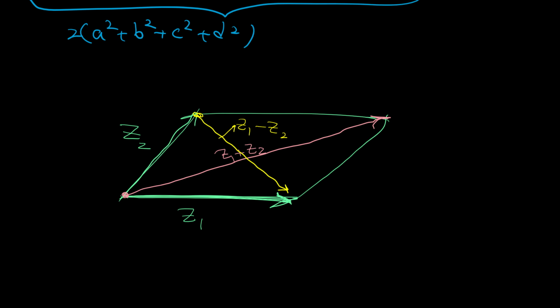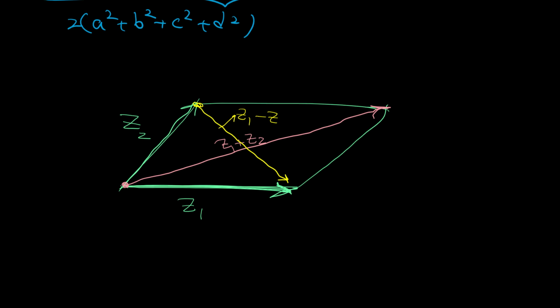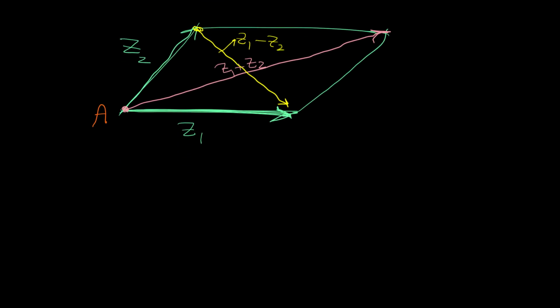So these two sides are Z1 and Z2, and the two diagonals are Z1 + Z2 and Z1 − Z2. Let's name the vertices A, B, C, and D.